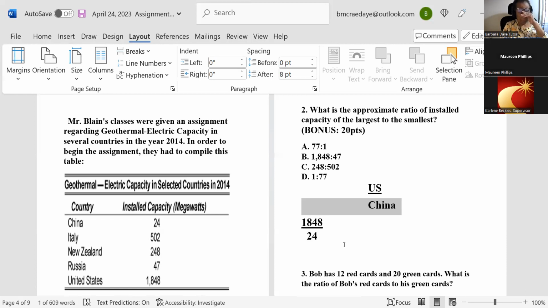Okay, let's see. You didn't get your calculator, right? Yeah, I got my calculator. Okay, so what do you get when you divide it? 1848 divided by 24.